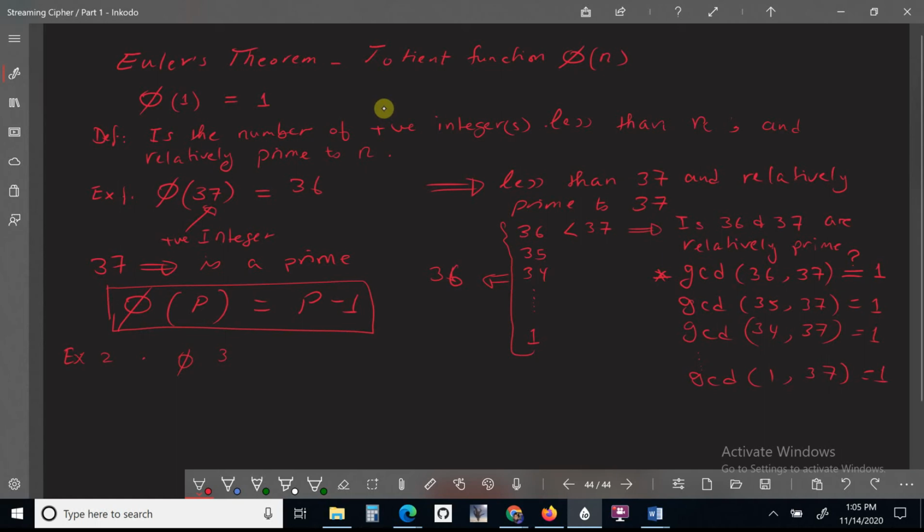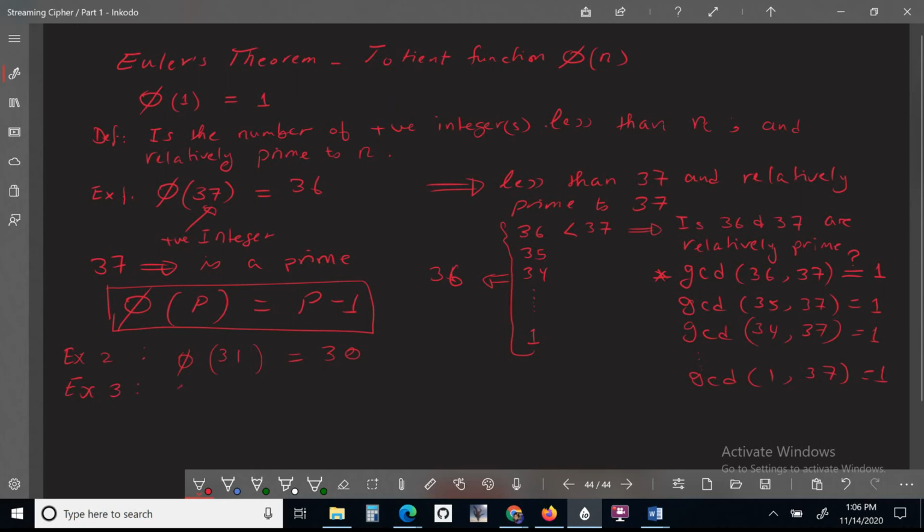Then 31 is a prime. So the answer will be 30 here, p minus 1, it will be 30. 31 is not divisible by any number except itself and 1. Now let's take a look at another example that is not a prime.